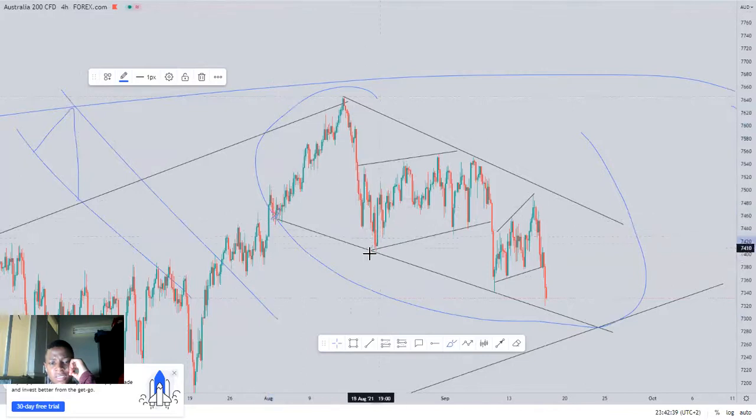The first touch here, second touch, third touch. We're anticipating a fourth touch here, and we're anticipating the market to give us a fourth touch here as well.